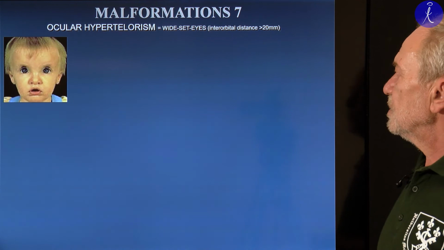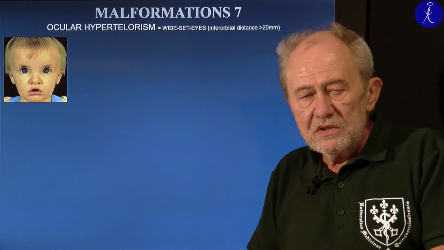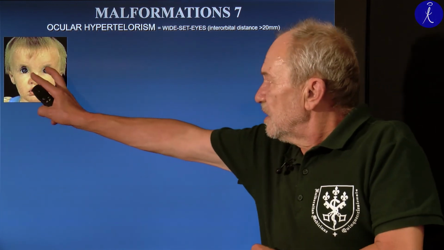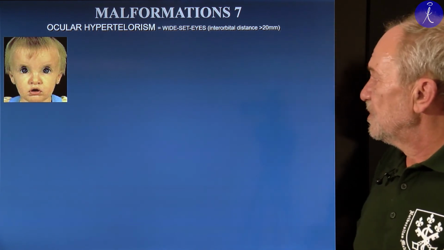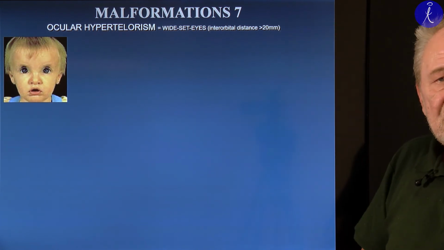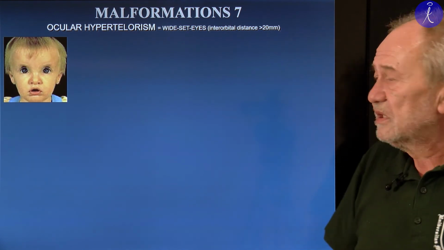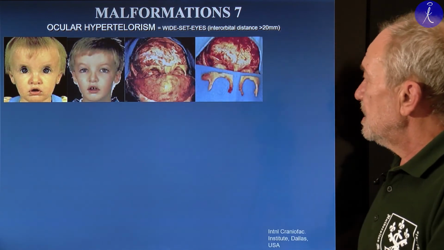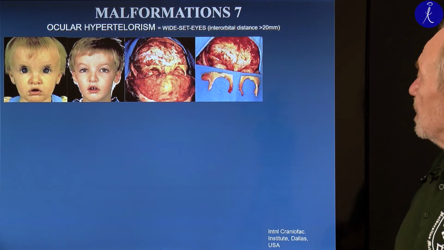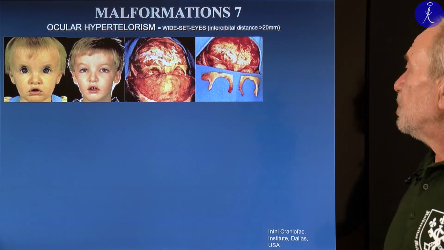Another malformation is ocular hypertelorism. It means that the eyes are far separated from each other, wide set eyes, when the interorbital distance exceeds 2 centimeters. Then again this needs operation, but this is a much more severe operation.